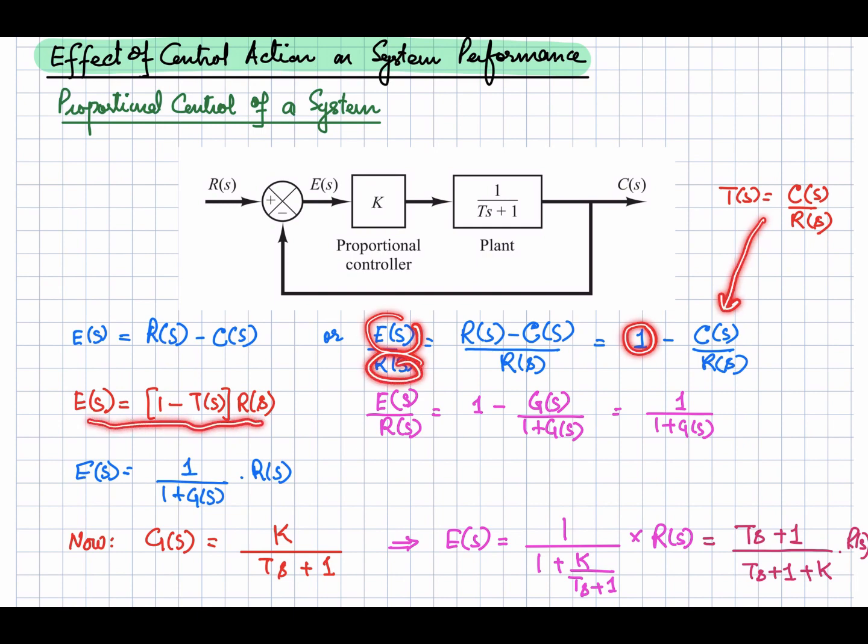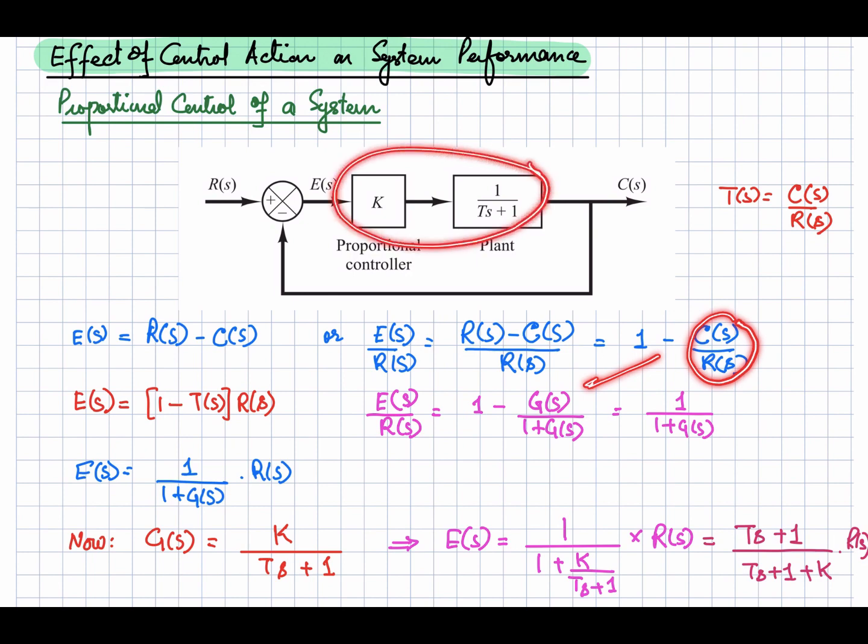So here you can see this equation. This is the equation to represent your error. You can represent your error either with this equation or with this equation, and you can also represent it like that. Now taking this equation over here, C(s) divided by R(s), that is basically the closed loop transfer function, and that is equal to G(s) divided by 1 plus G(s) for the negative feedback.